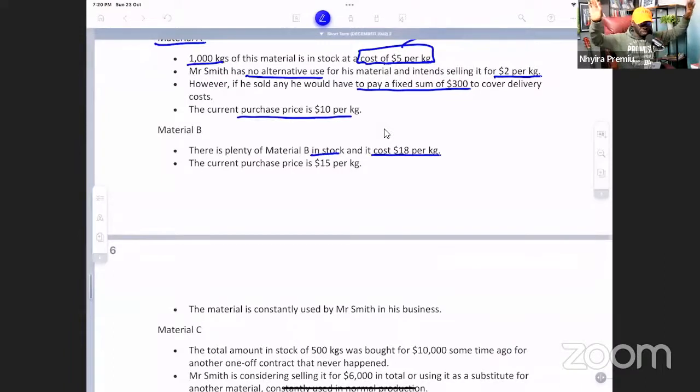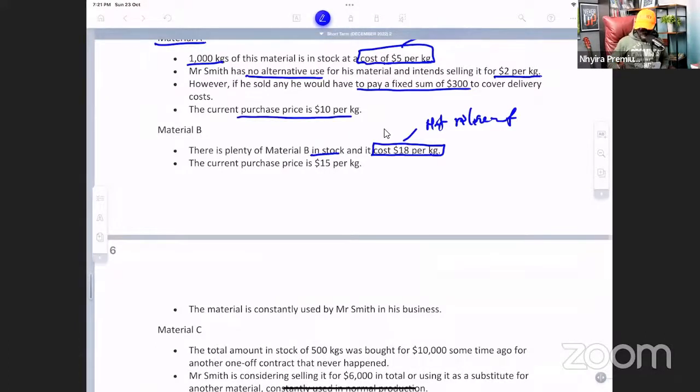So a lot of them is in stock and it was bought at $18 per kilogram. Remember, the $18 per kilogram is the historical cost. Now, with historical cost, again, that is not relevant for us. So how much they bought those inventory at, it's not something that we are going to be concerned about.